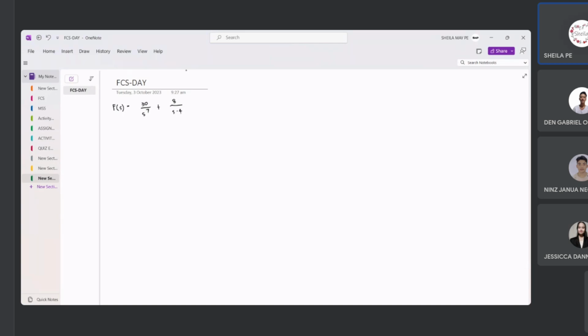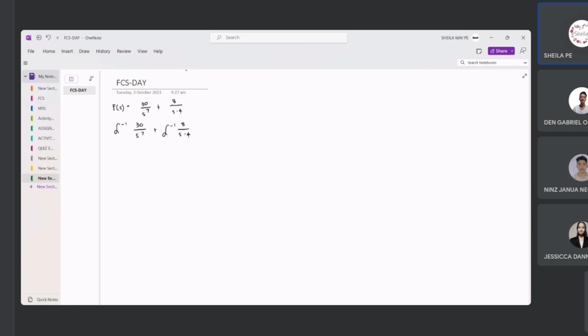Remember, we have our 30 here, our numerator constant, so you take it out. We do the inverse Laplace of 30 over s raised to the power of 7 plus the inverse Laplace of 8 over s minus 4.